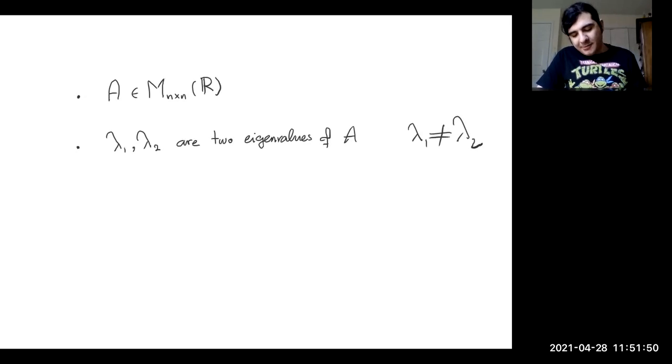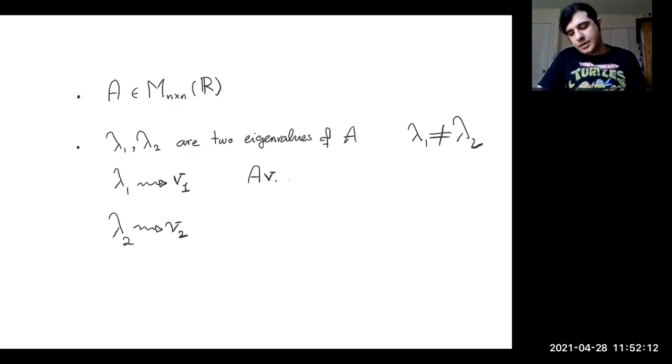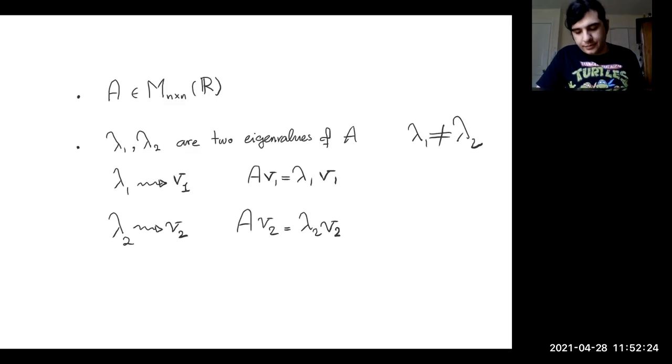Each eigenvalue, by definition, has an eigenvector, right? Suppose the eigenvector corresponding to lambda 1 is v1 and the eigenvector corresponding to lambda 2 is v2. So it means A v1 is equal to lambda 1 v1, and A v2 equals lambda 2 v2, right?